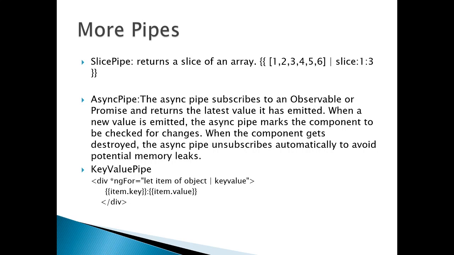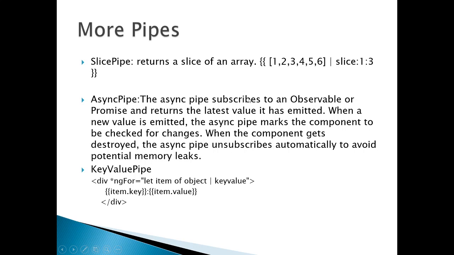Same, we have the async pipe. Async pipe is normally used when we use observables. So let's wait till the next lecture, where I will explain the concept of observables and how observables are used in our application. In that case, I will also explain the async pipe, how it can perform the activity and how it can help us to return a specific latest value from a variable, from an observable.